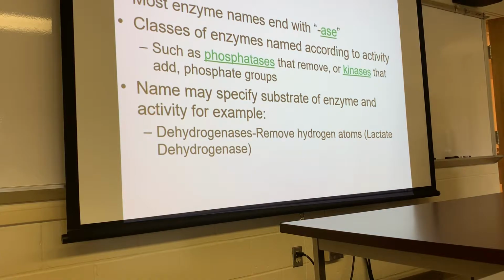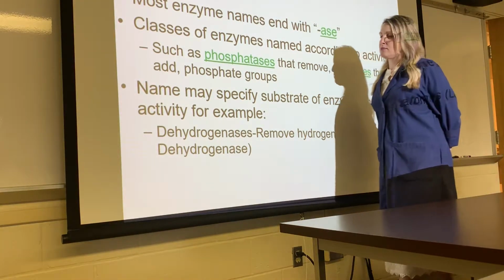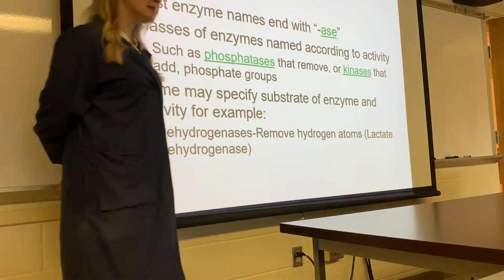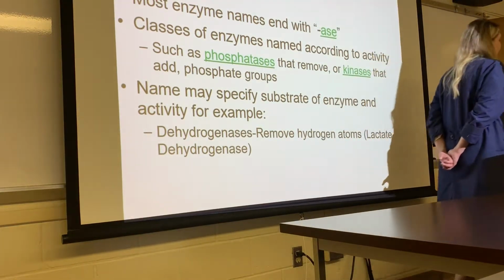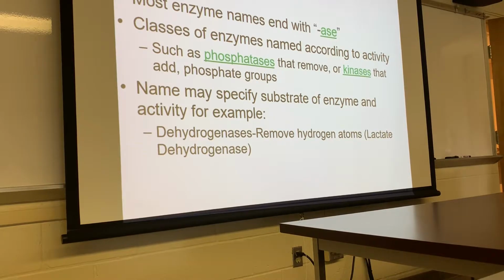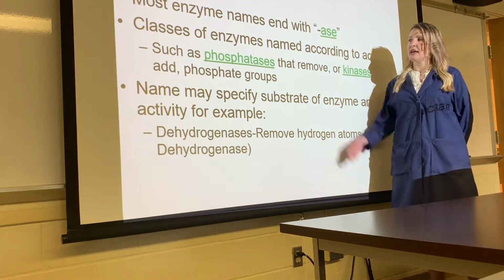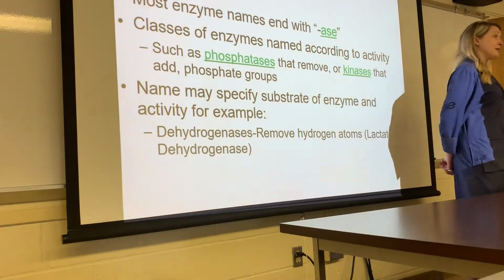Okay, so how do we name enzymes? You may remember that most enzymes have the ending ASE, or ACE. There are lots of examples of enzymes. We'll talk about some in this class. But generally speaking, when you see the ASE ending, you can pretty much determine that you're talking about an enzyme.